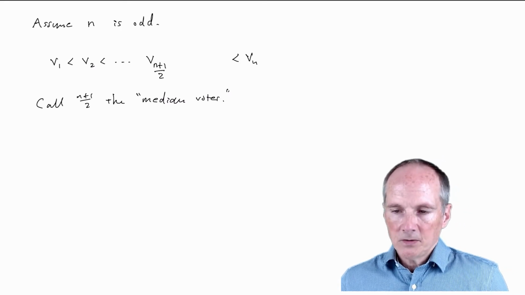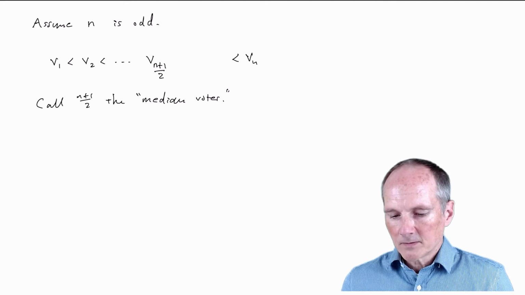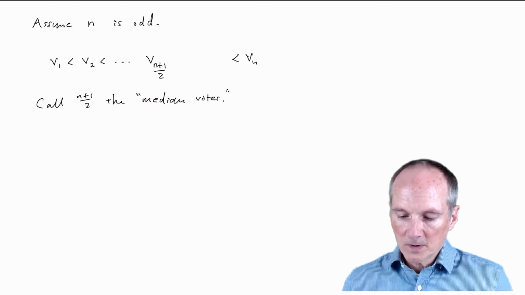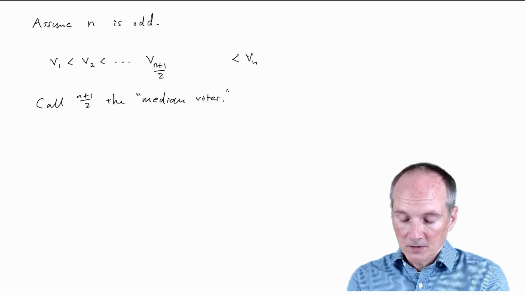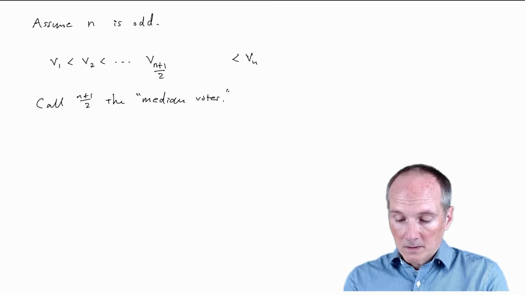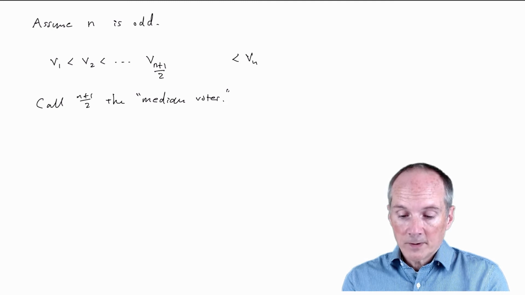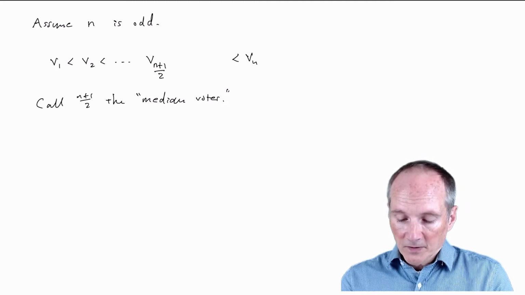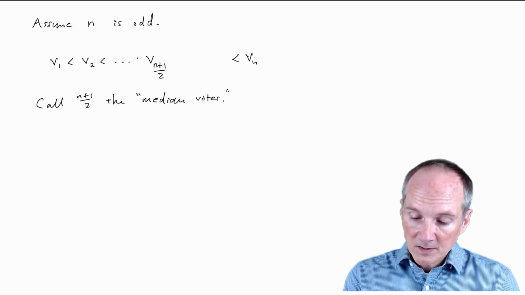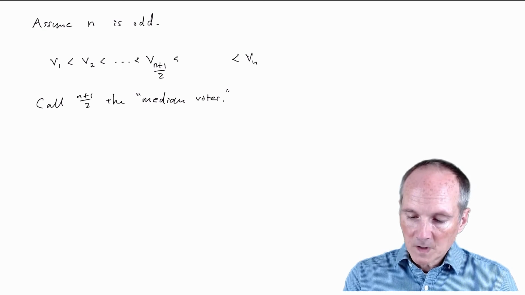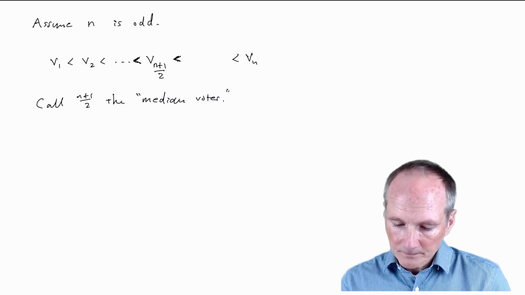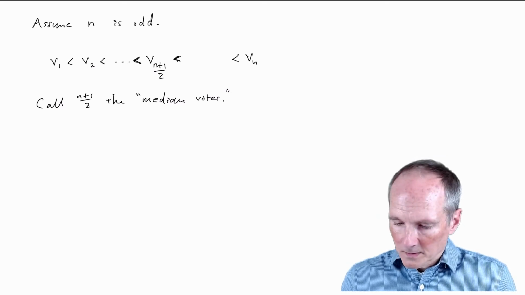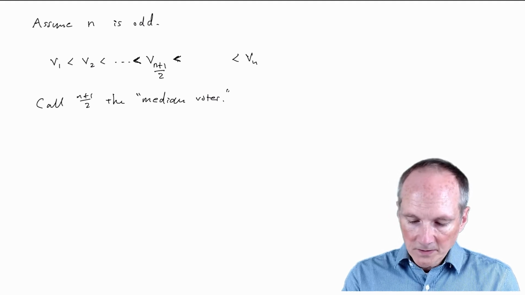Now, I'm going to be more general about this pretty soon. I'm going to give a formal definition of a median voter that doesn't rely on this ordering of ideal points. For now, though, we'll assume this ordering of ideal points, and we will just call this person in the middle the median voter. Okay, so I want to start off with the result.